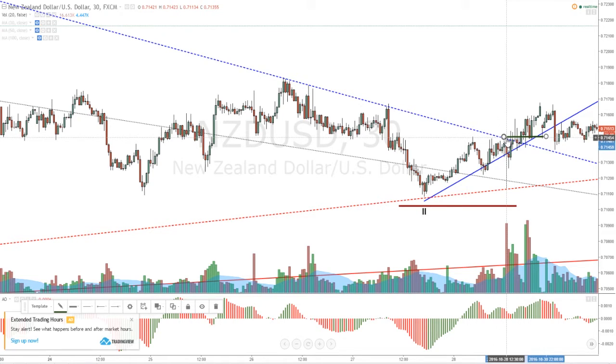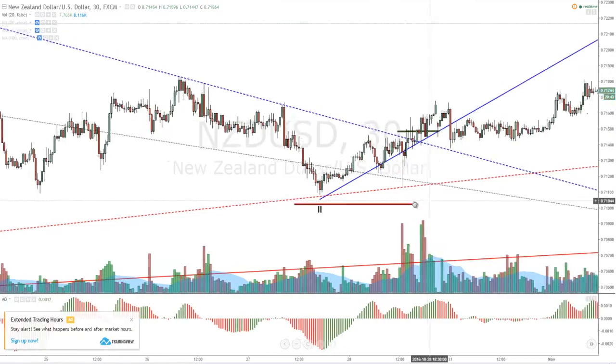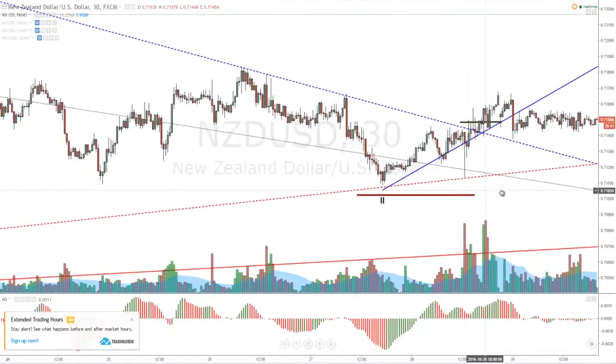I tend to use several different approaches to confirm one another. So let's say we would enter on the break of the trend line plus the break of this high. So we would enter there, our stop would be there, and the price is going up so far.